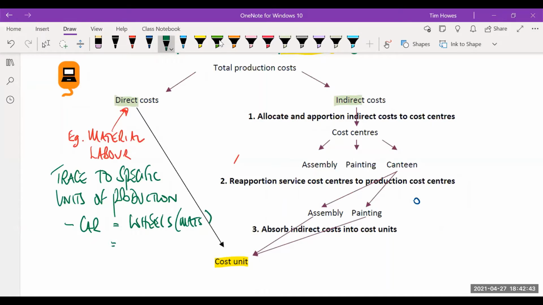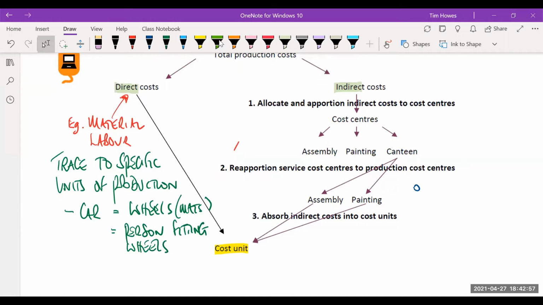And of course, there would be perhaps someone on the production line. So the person fitting the wheels. Now, don't tell me a machine does it. Person fitting the wheels to a car. Well, in that instance, we know, because they do it all the time, that it takes them 15 minutes to put the 4 wheels onto a car.